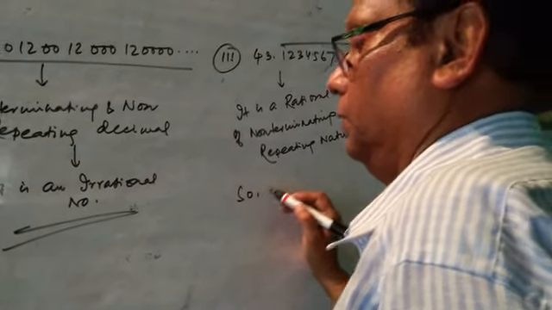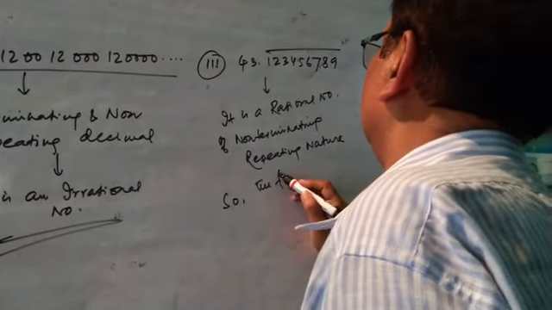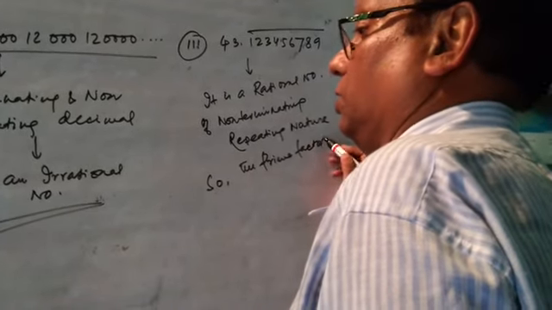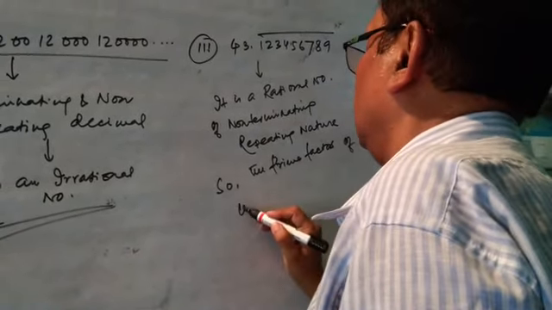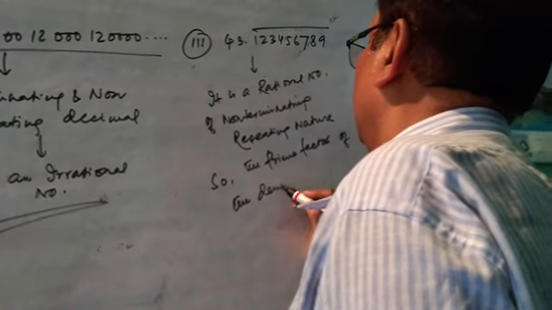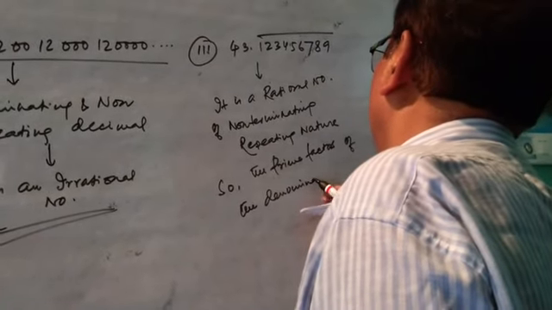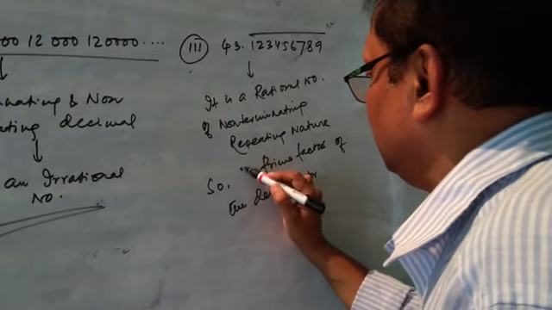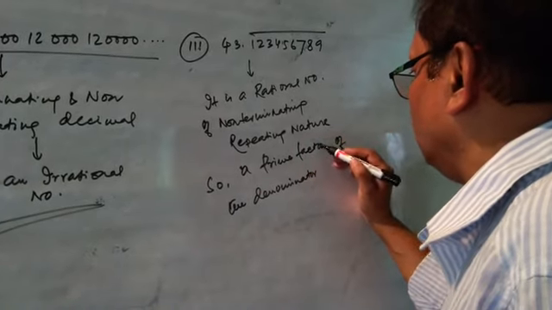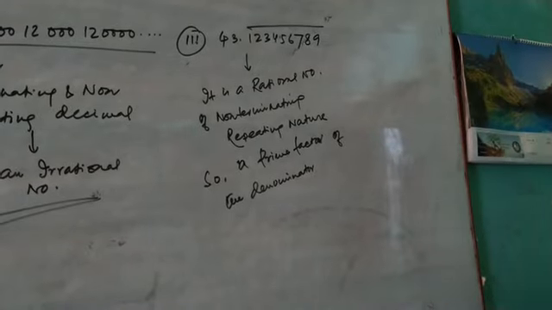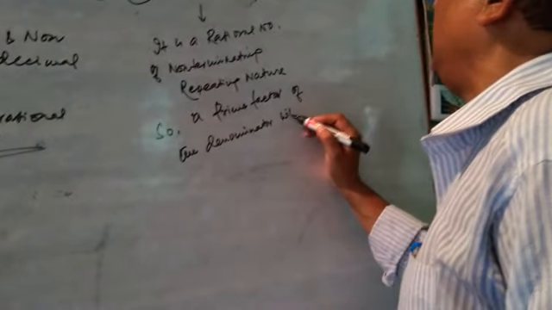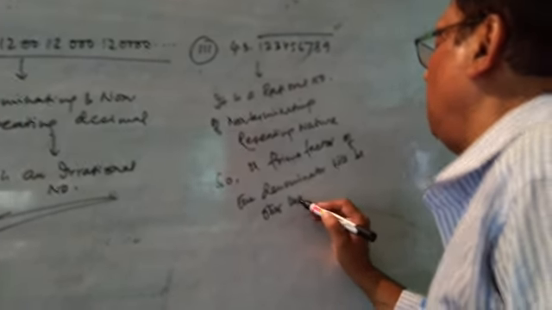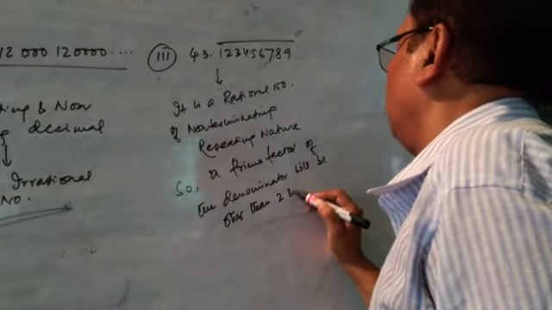So the prime factors of the denominator will be other than 2 and 5.